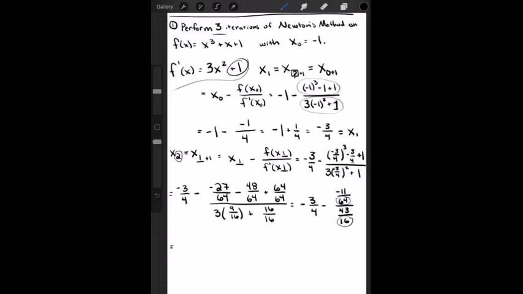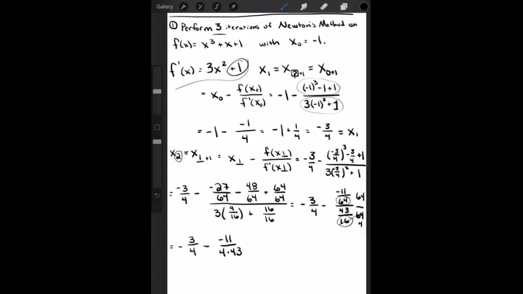So if I multiply both by 64, then if I multiply the top fraction by 64, I just get negative 11. 16 cancels with 64 with 4 left over. So I got 4 times that 43.